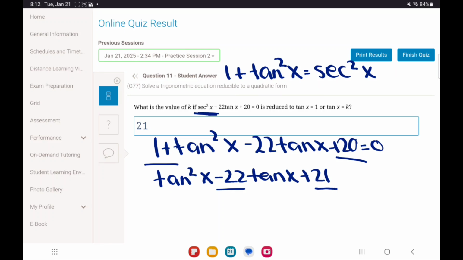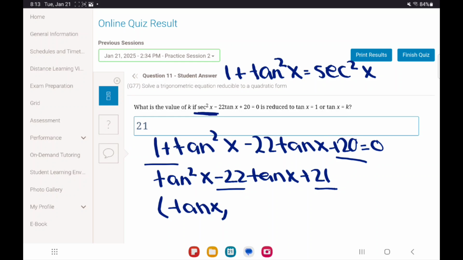It's negative 21 and negative 1, which multiply together because negative and negative cancel, it becomes positive, and 1 times 21 is 21.